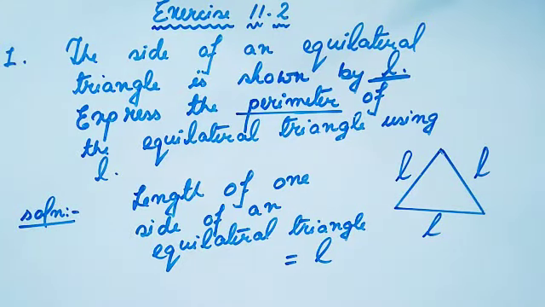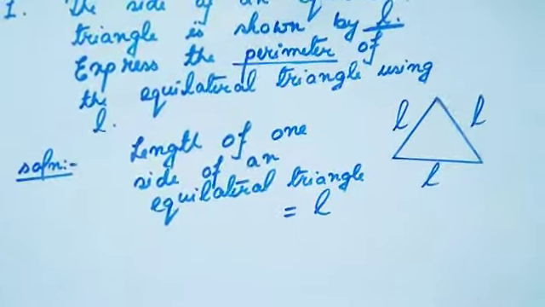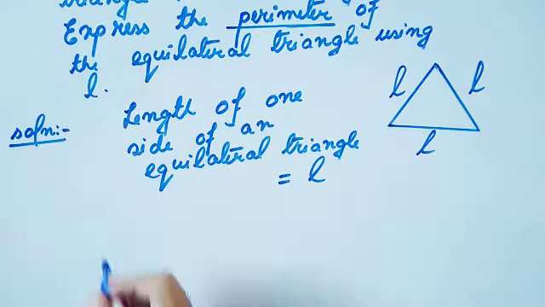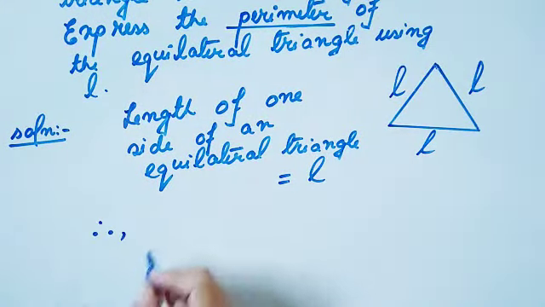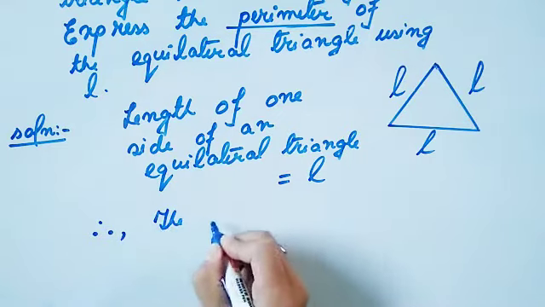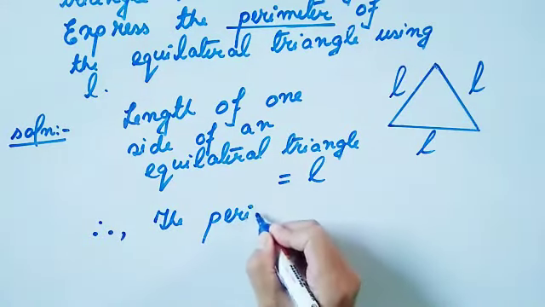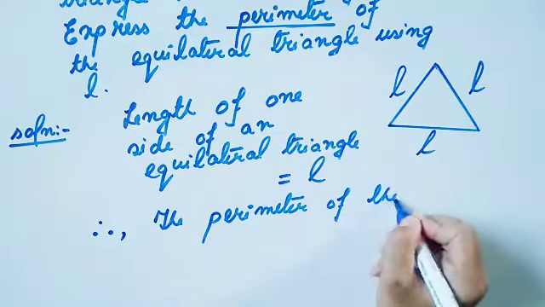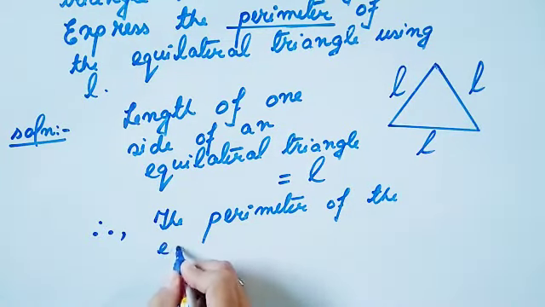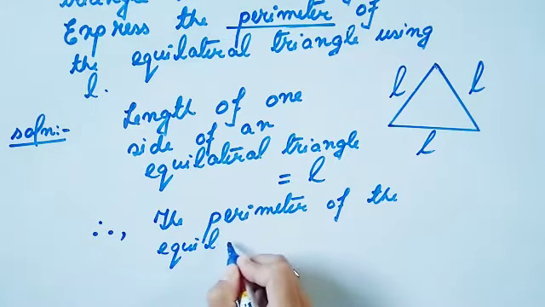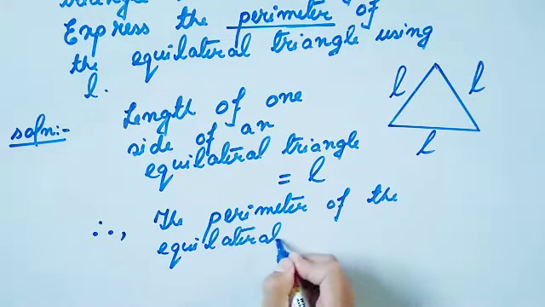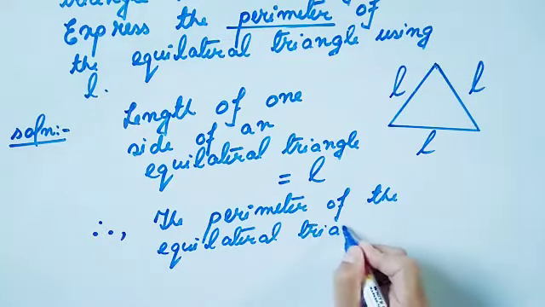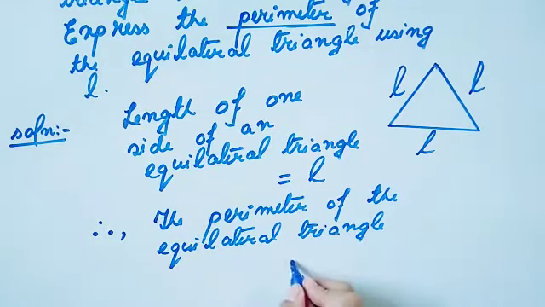Then our next step will be: therefore, the perimeter of the equilateral triangle will be given by, you can solve this in 2 methods, right?